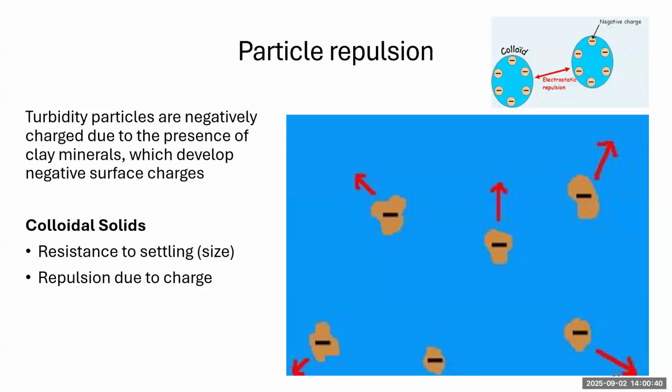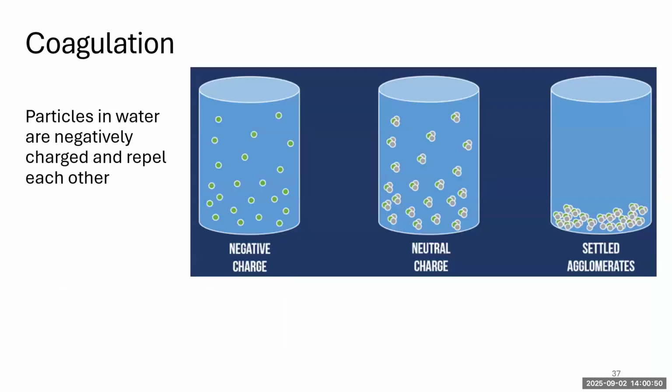So the process of treatment is going to have to do something to neutralize those charges so that these particles can actually begin to clump together. And that's what coagulation does. We add coagulant chemicals that are positively charged, and they neutralize the charges of the negatively charged particles that are naturally in surface water sources.